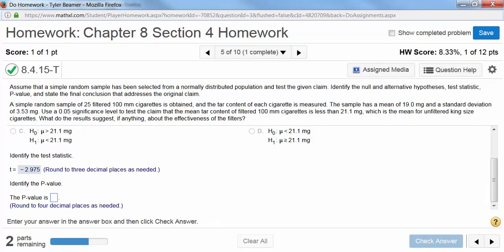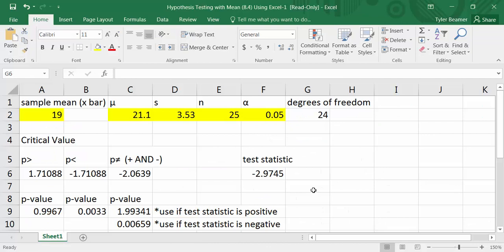All right, identify the p-value. So how this works is these match up in columns. This is the p-value for a greater than test. This is the p-value for a less than test. These are p-values for a not equal to test. And you actually have two different p-values, one if the test statistic is positive, one if it's negative.